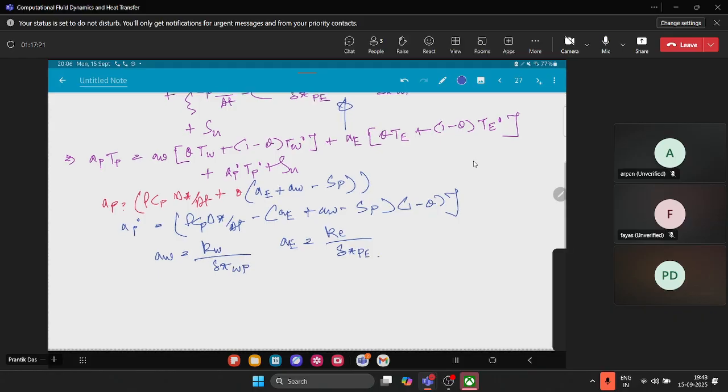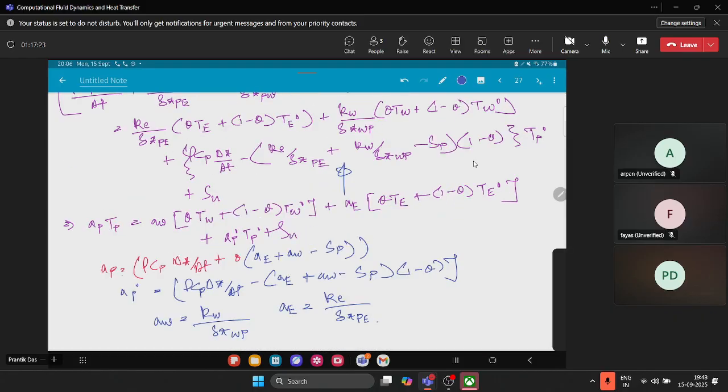Is it clear to you? And what about the 1 minus theta terms, TE naught and TW naught? Those are there, and you can do that. That's not a problem.